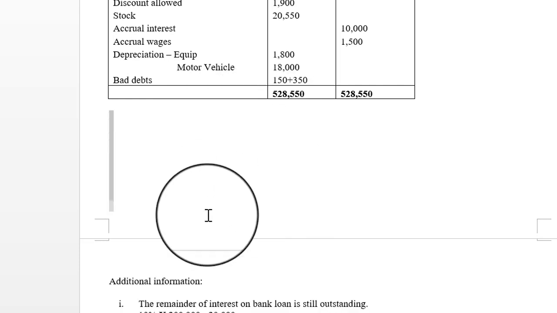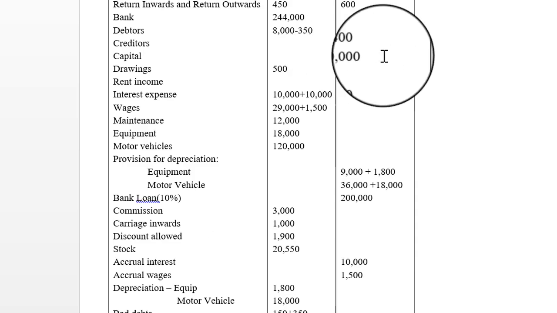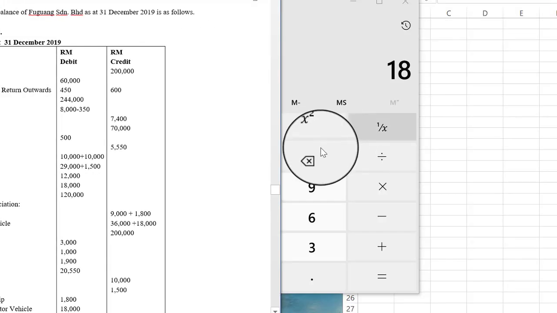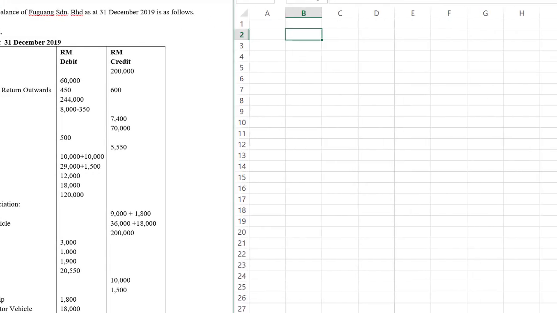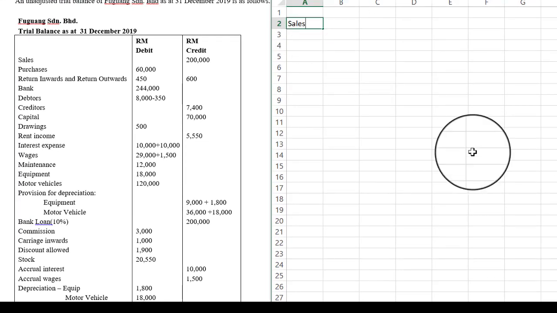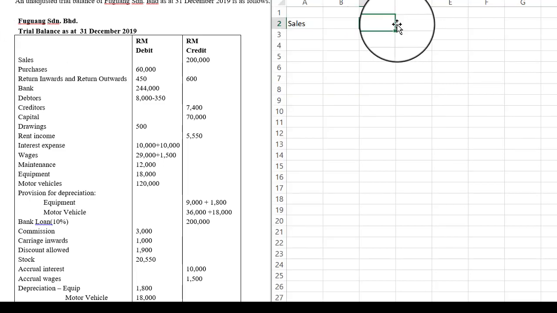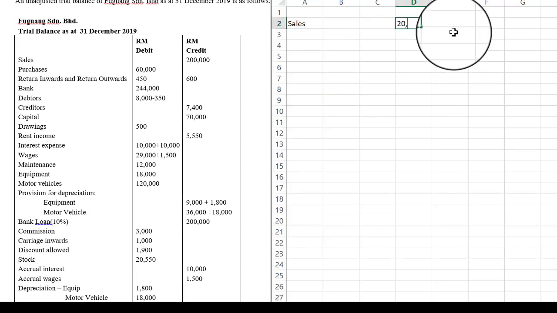After you have done all these adjustments, now we need to prepare the income statement. You start with your sales, so here are sales of 200,000.